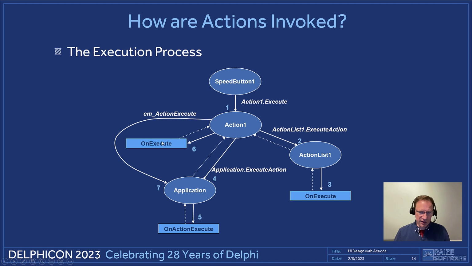Then finally, the action's own on execute event fires, like we did in the sample application. Once that event handler comes back, then a component message is actually sent from the action, called CM action execute, to the application object. Why do you think that is?